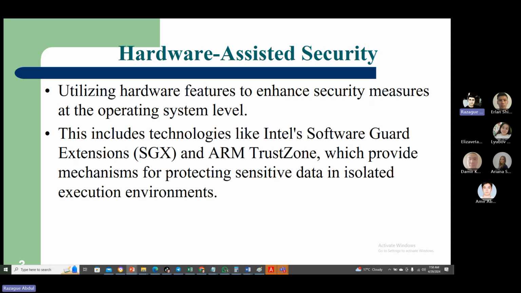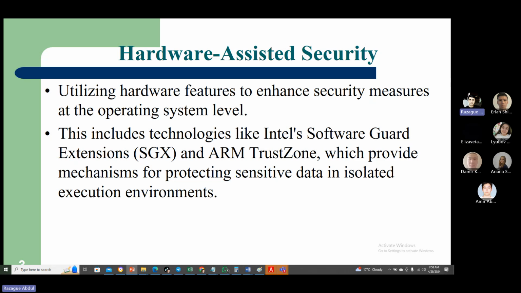SGX is designed to be flexible, allowing software developers to partition their applications into multiple enclaves as needed, thereby enhancing security without compromising on performance. This capability is practically useful for protecting data in use, ensuring that sensitive information is only decrypted and processed within a secure environment that external entities cannot access.